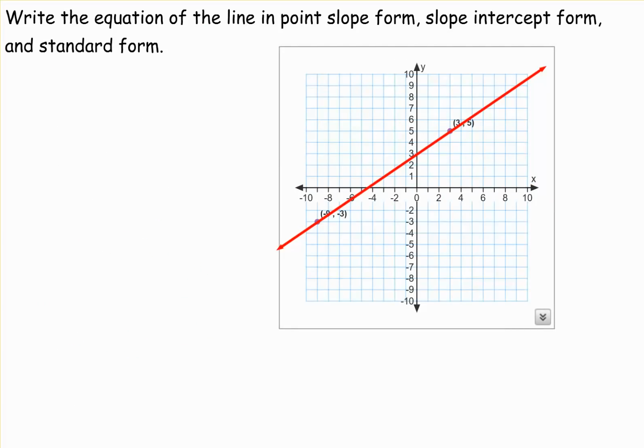Our next example, we're given the equation of a line in point-slope form, slope-intercept form, and standard form. So now it's a little bit hard to see. So let's group these together.